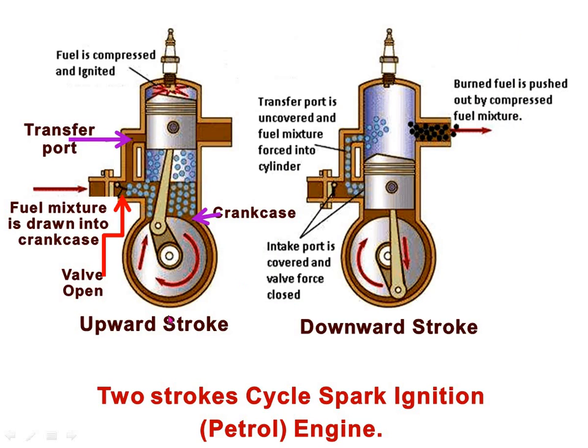This figure represents the principle of the 2-stroke engine cycle. This figure represents the upward stroke, and this figure represents the downward stroke. We will systematically learn about the upward stroke and downward stroke.